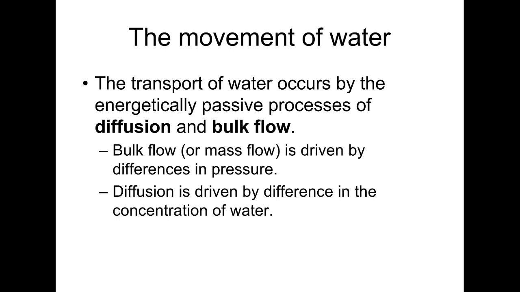It means the bulk of water. Water does not move as one molecule at a time, but moves as a continuous, almost like it's easier to understand if it were ice moving. Of course, ice wouldn't move, but it's easier for you to say if I have a xylem and I can pull the ice up. So that's basically how water moves, as a continuous column, a continuous solid mass of water.